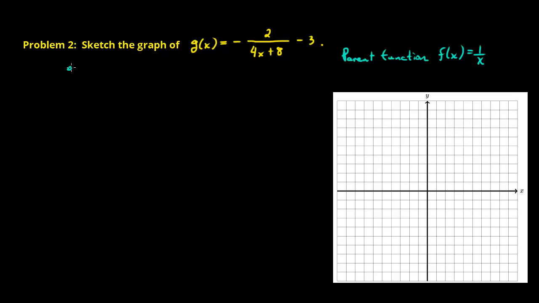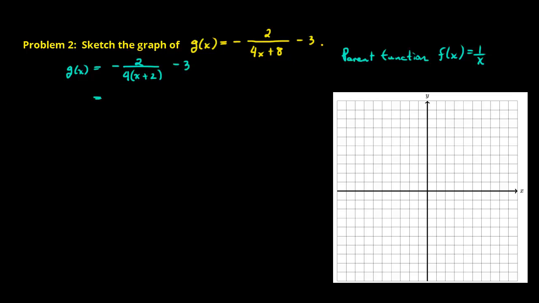The next thing that we're going to do is see if we can simplify g of x at all. And notice that if we factor the k value in the denominator, we can rewrite g of x as minus 2 over 4 times x plus 2 minus 3.